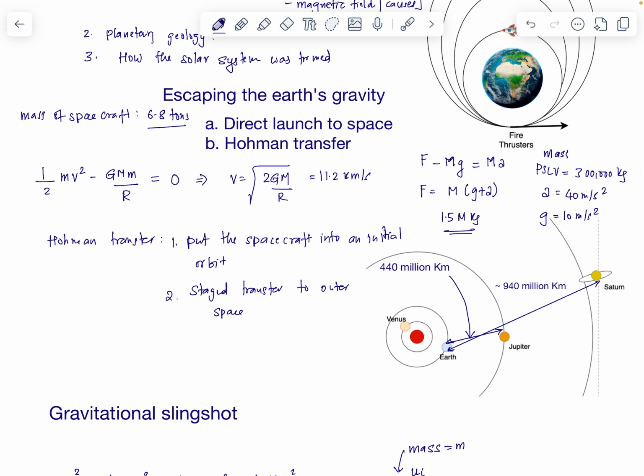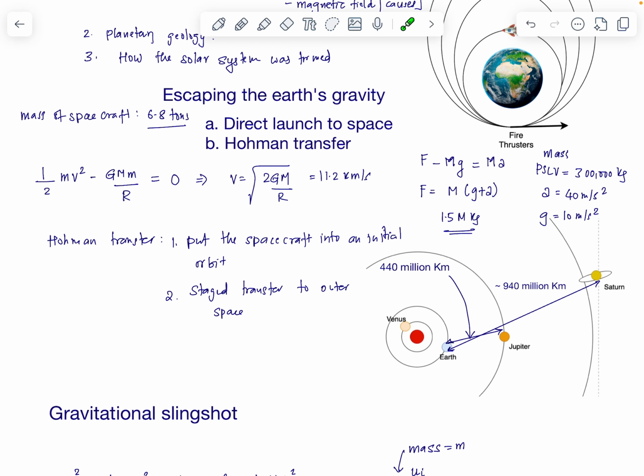Now, we are faced with yet another conundrum. If you look at, for example, a rough schematic of the solar system, this is not to scale, by the way. We have the sun in between, and we have Venus. There are several planets that are not in this particular picture.